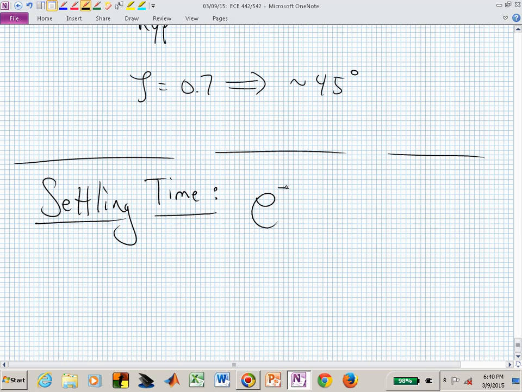We have e to the minus sigma t as our response behavior in the damping portion, or you might see that as e to the minus t over tau, where tau is the reciprocal of sigma. And if we wanted, now we're saying our settling time is roughly 5 time constants, where tau is a time constant.